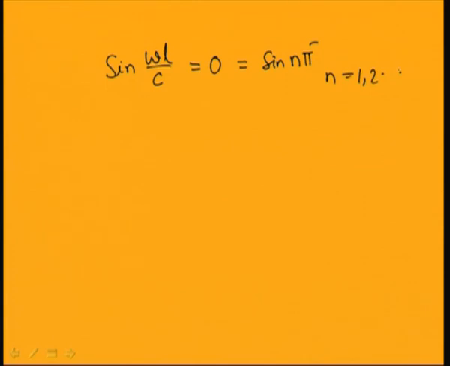n equal to 1 corresponds to the fundamental mode, n equal to 2 corresponds to the second mode, n equal to 3 the third mode, and similarly n. So you can go up to n number of modes, or an infinite number of modes.